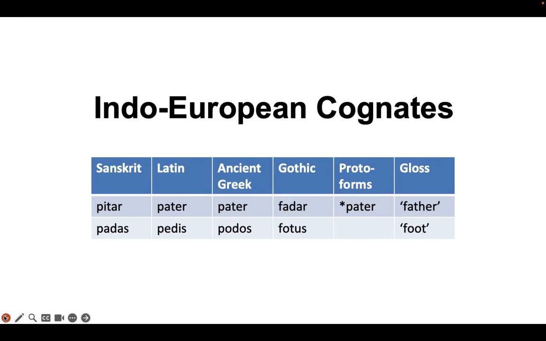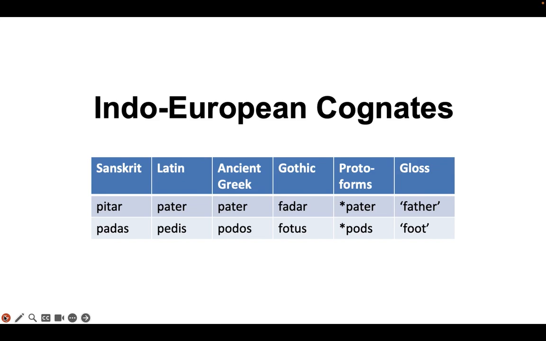If we were to look at other Indo-European cognates, what we would find is that most likely the protoform had no vowel there, and that was actually inserted in between those consonants for ease of pronunciation. And so we would eventually get the protoform podes for foot.